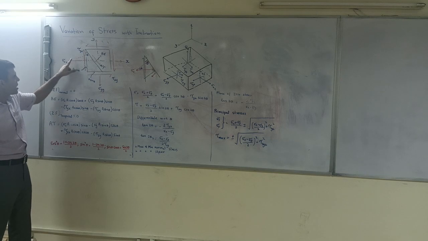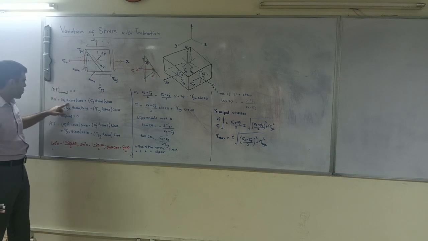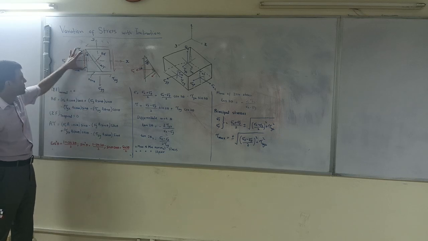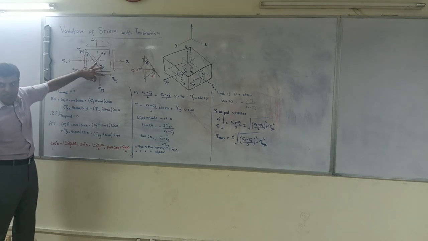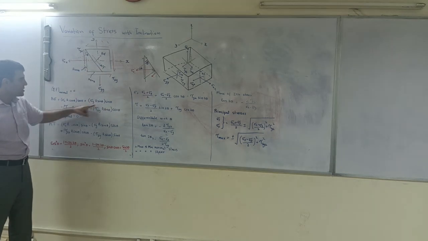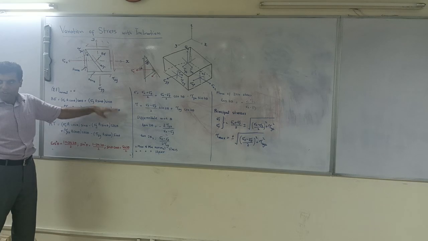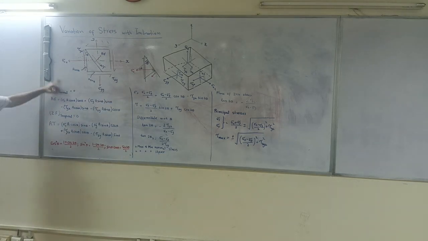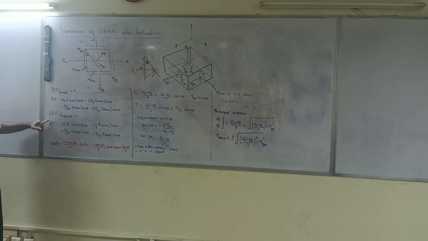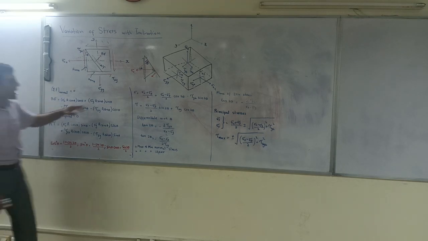So you have got 4 stresses and 4 stresses are shown over here. Tau yx is A cos theta, and tau xy is A sine theta, which is this one. Cos theta and sine theta are based on trigonometry. So this is the normal. Now the tangential. How can we get the tangential? Now look at this one.